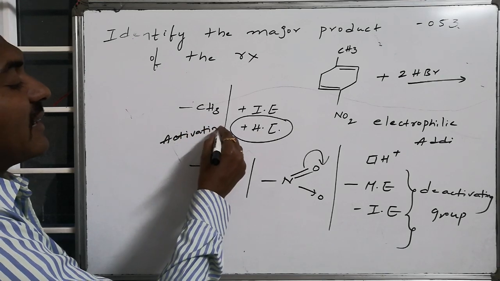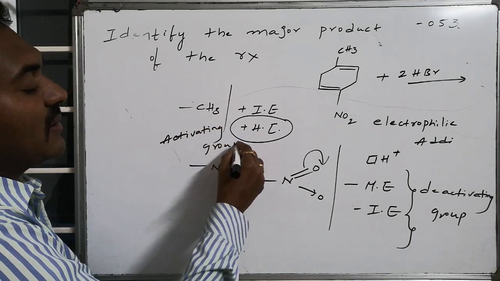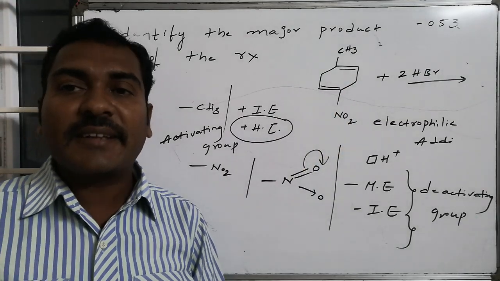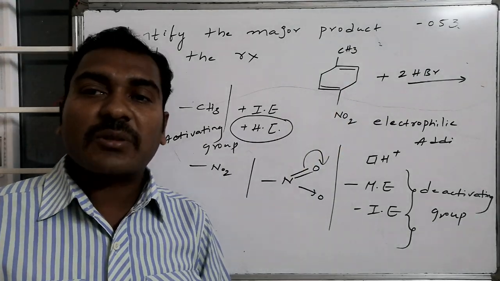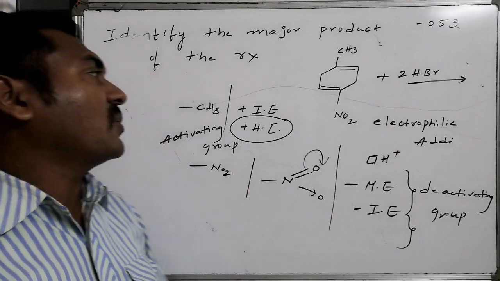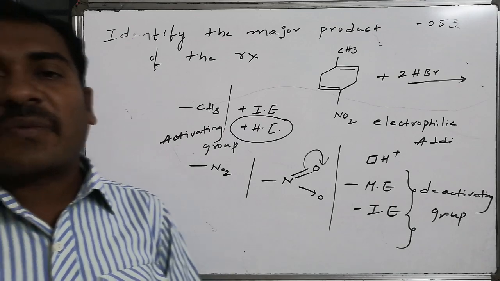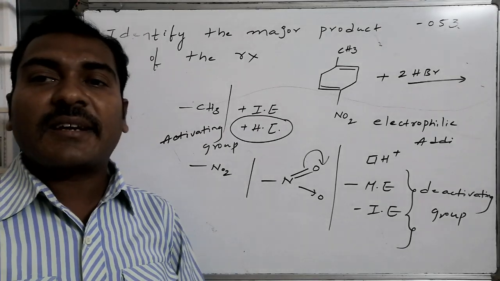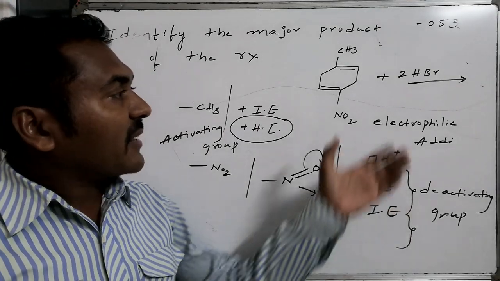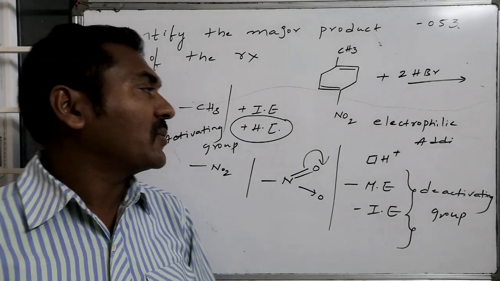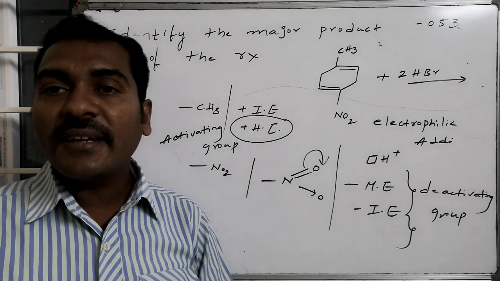As methyl is an activating group, at the methyl substituted double bond electron density is higher compared to the nitro substituted double bond. Therefore, at this double bond the electrophile initiates the reaction first and it completes. Then the second molecule of HBr attacks the double bond connected with the nitro group.